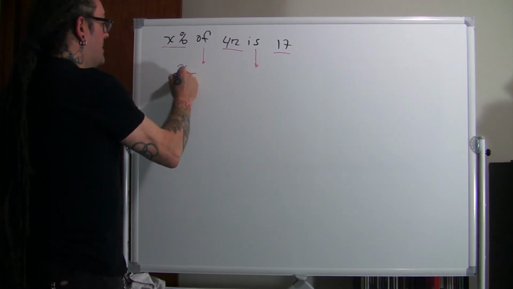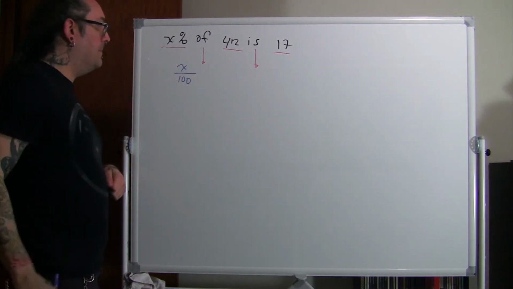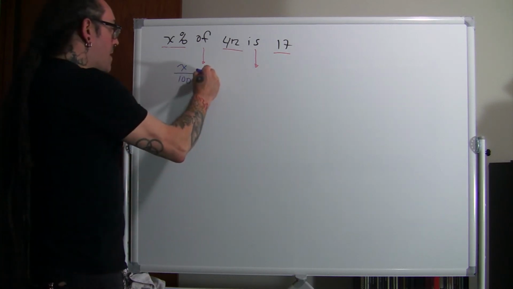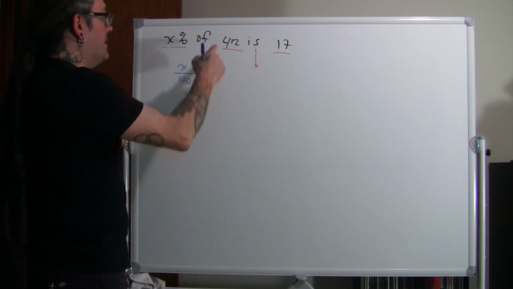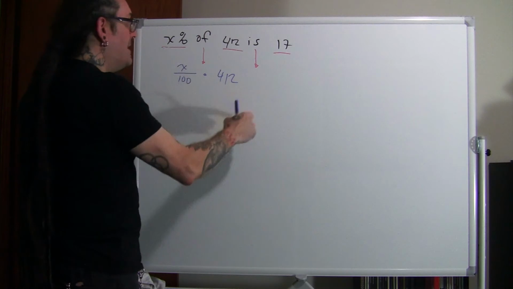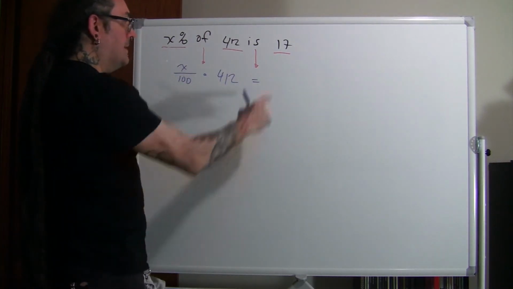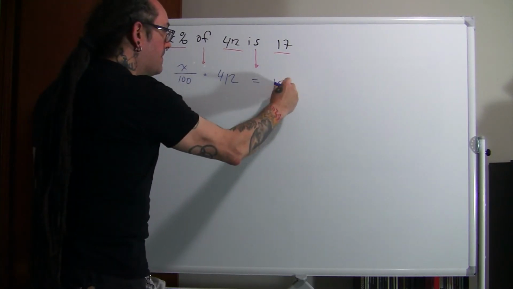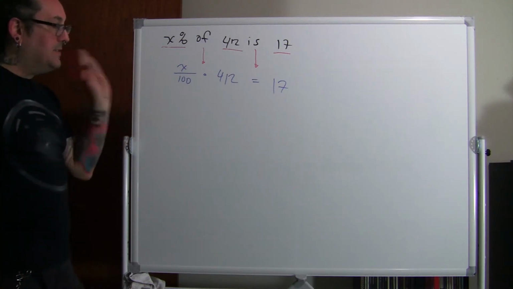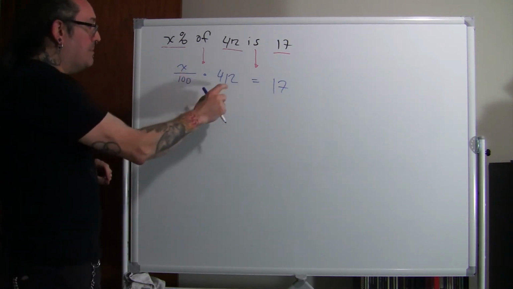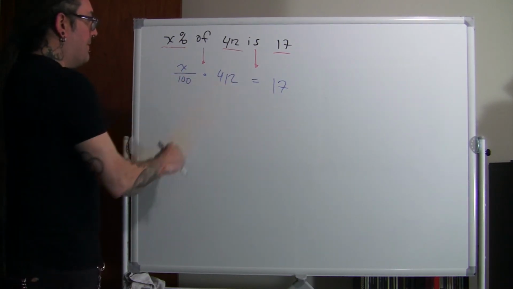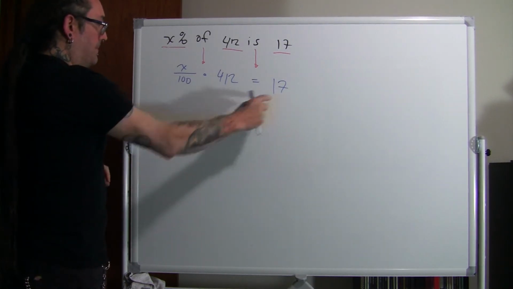X percent of, multiply, 412 is 17. It's the exact same equation. Last problem the x was here. The first time the x was here. That's it.